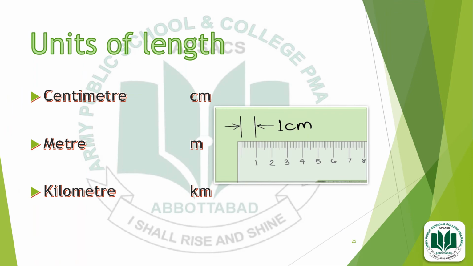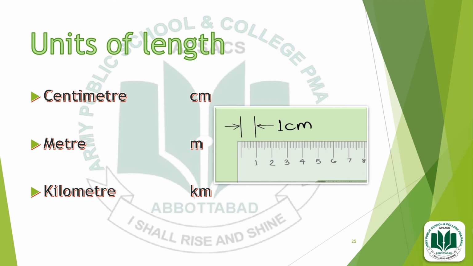Now, students, I explain the units of length. The smaller unit of length is centimeter, which is the standard unit of length, and the short form of centimeter is cm. Then meter, and the short form of meter is m, and then the kilometer, and the short form of kilometer is km.